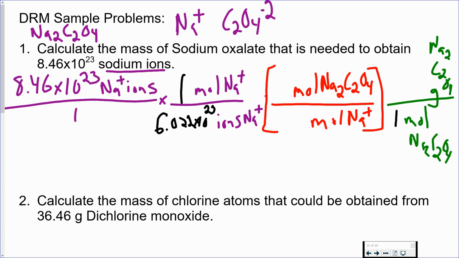So we're going to take 22.99 times 2 plus 24.02 for the 2 carbons, plus 4 oxygens is 64, giving us a grand total of 134.00 gram molar mass of sodium oxalate.